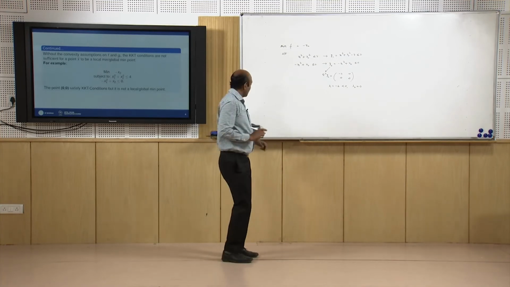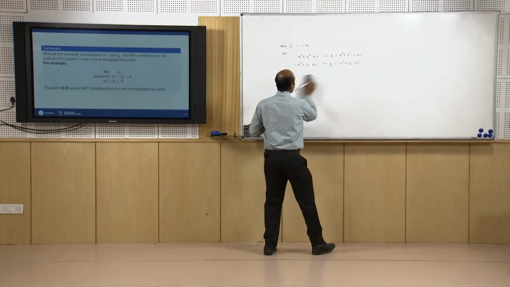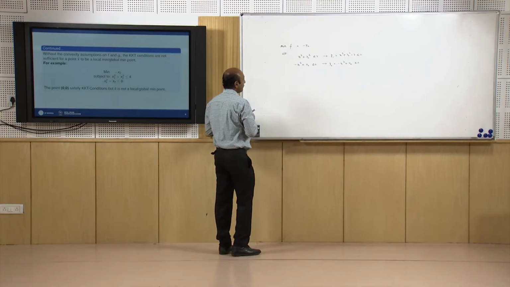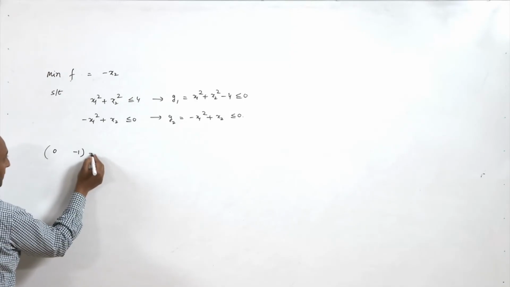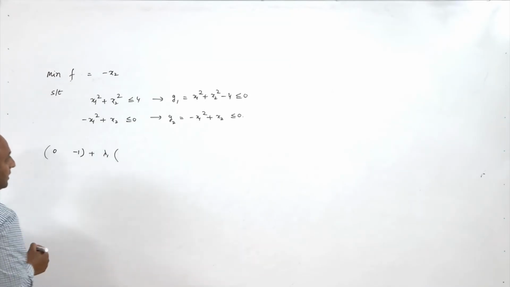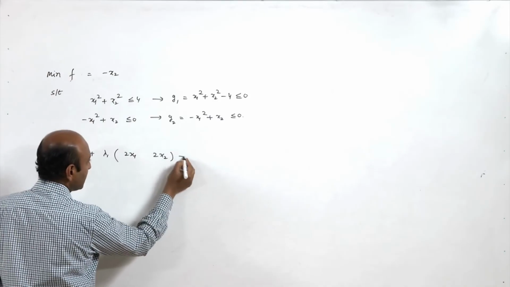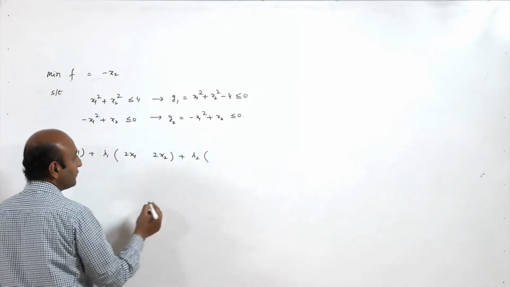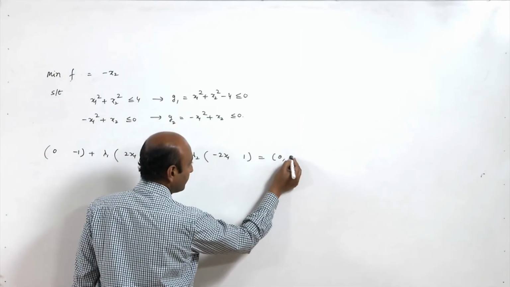Now, if we write the KKT conditions for this problem, what are they? Gradient of f, that is 0, minus 1, plus lambda 1 times gradient of g1, which is 2x1, 2x2, plus lambda 2 times gradient of g2, which is minus 2x1, 1, must be 0, 0.